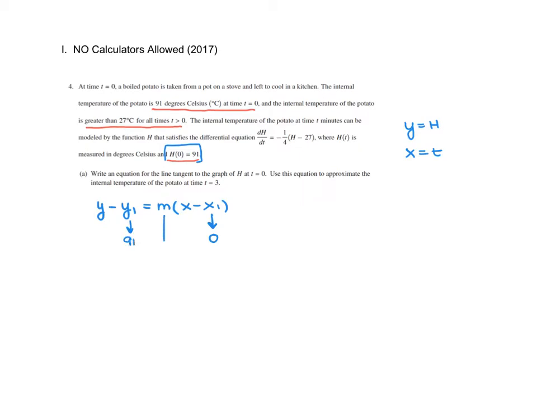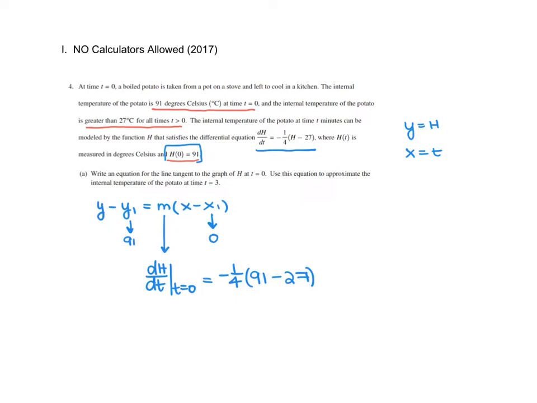So we just need to find the rate at which the temperature is changing at time t equal to 0. And we can use this differential equation to find the derivative or the slope. So dh over dt at time 0 is equal to negative 1/4 times h minus 27, which is 91 minus 27.